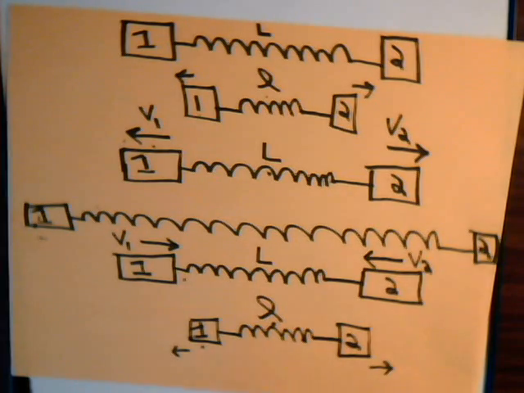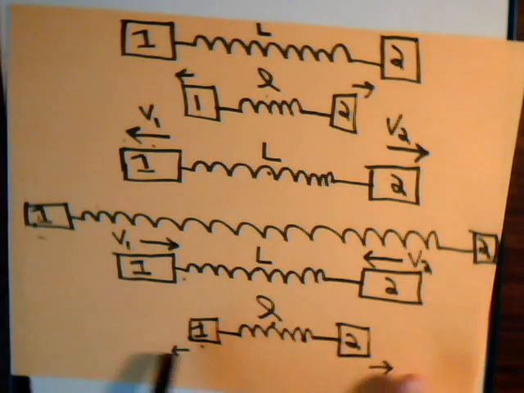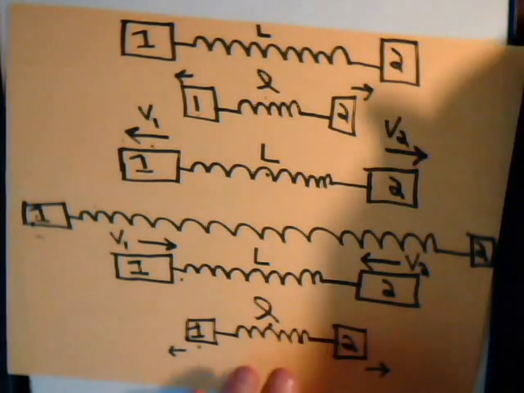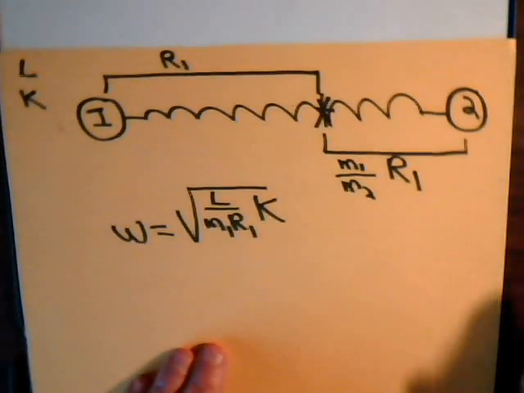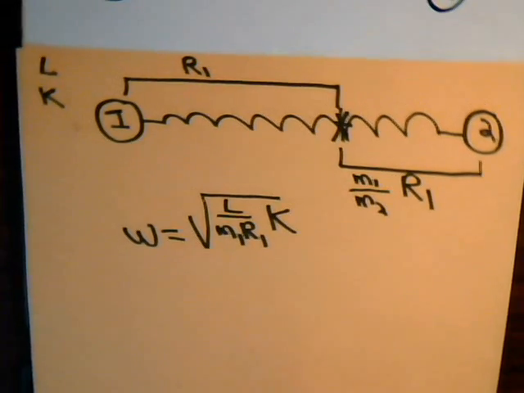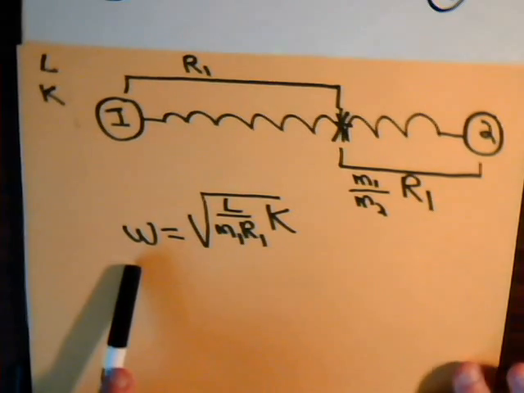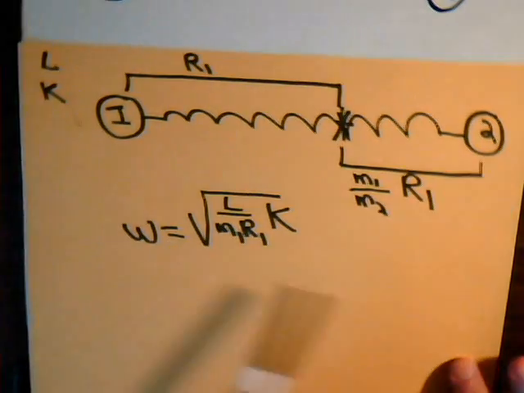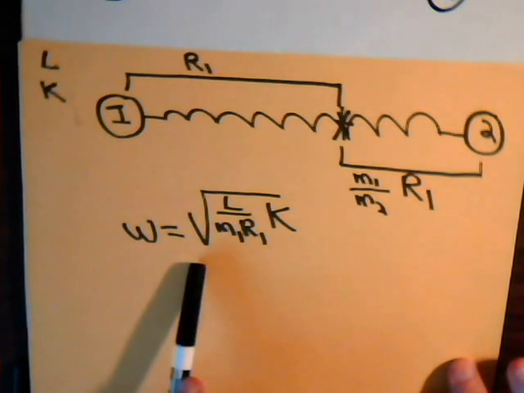So in video 11, we convinced ourselves that mass 1 and mass 2 are oscillating with the same frequency. And then we proved that that was true, and we actually derived an equation for it. And that was this: the frequency of oscillation of block 1 and block 2, both are governed by this equation.